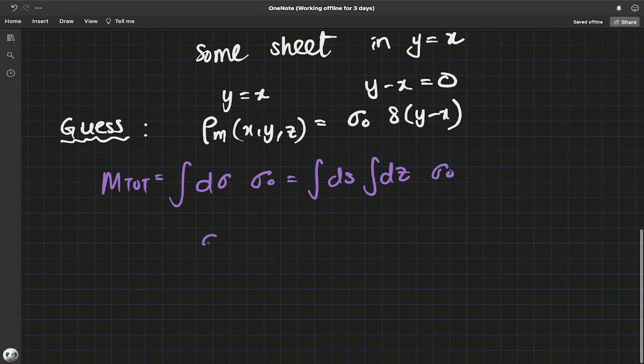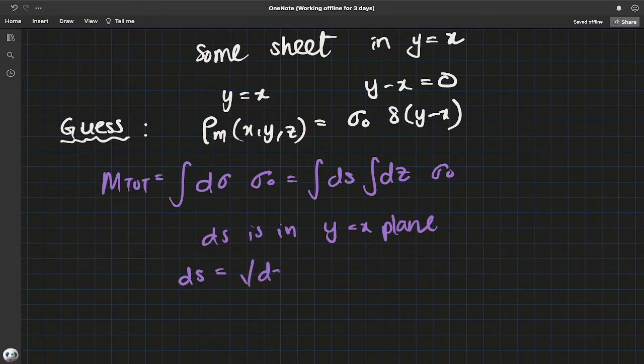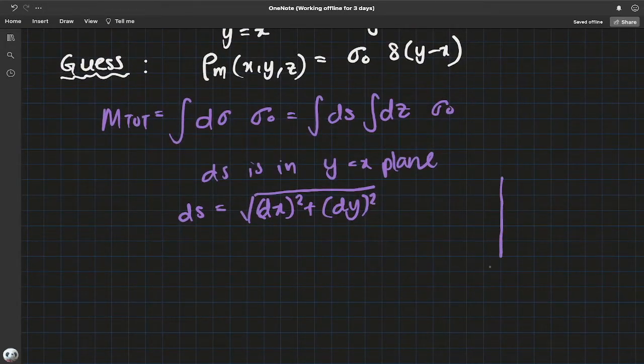So the ds is in the y is equal to x plane. Now ds is square root of dx squared plus dy squared. This is basically the arc length formula from single variable calculus. The way I like to think about this is to construct a Cartesian scaffolding. Say this is y is equal to x, so this is probably a really accurate drawing.